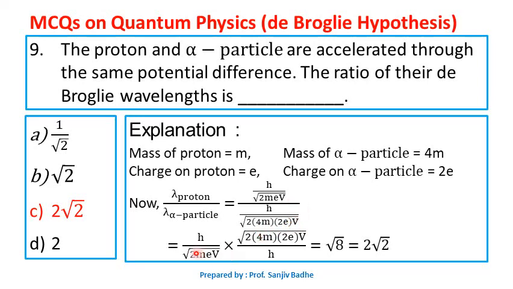Let us do simple calculation. Here h will get cancelled, 2 will get cancelled, m will get cancelled, e will get cancelled, V will get cancelled. And we will be left with square root of 4 into 2, that is square root of 8. Square root of 8 can be written as 2 root 2. And therefore, the ratio of de-Broglie wavelengths associated with proton and alpha particle comes out to be 2 root 2. So 2 root 2 is the correct answer for this question.